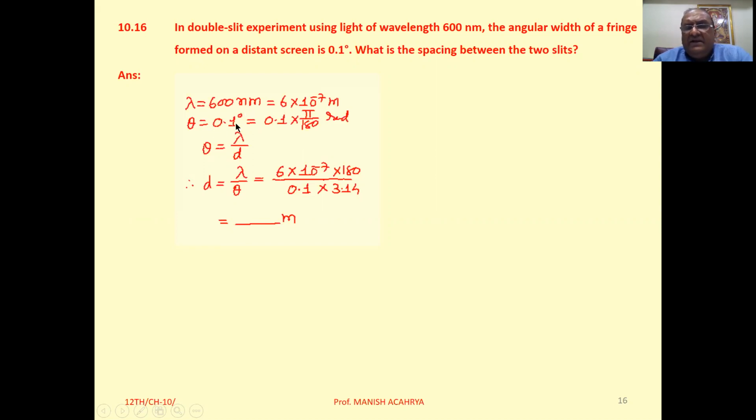Theta, that is 0.1 degree, so 0.1 into pi by 180 radian. Now we have the equation for the angular width, that is lambda by d. We want to find this small d, spacing between the slits. So d is lambda by theta. Substitute the value of lambda and theta, then solve it, you will get the answer. Clear?